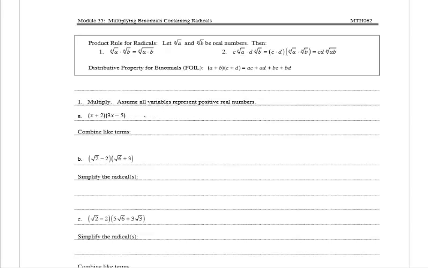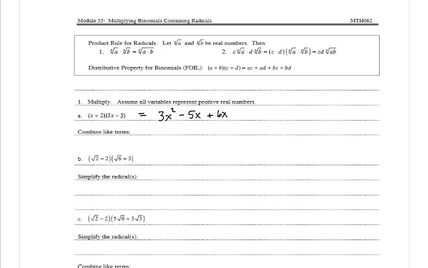So A, we have x plus 2 times 3x minus 5, and we want to FOIL. So we're going to have x times 3x is 3x squared. X times negative 5 is negative 5x. 2 times 3x is equal to 6x.